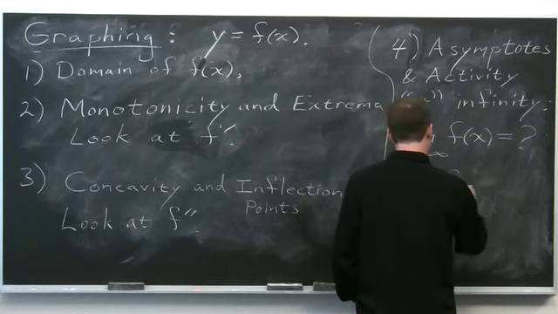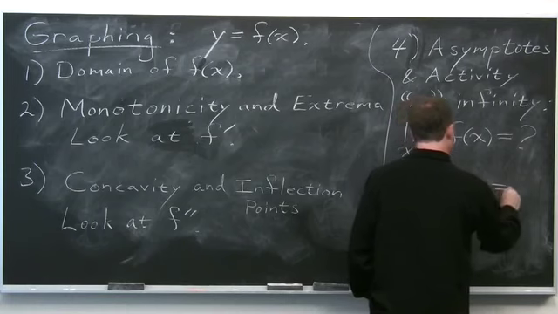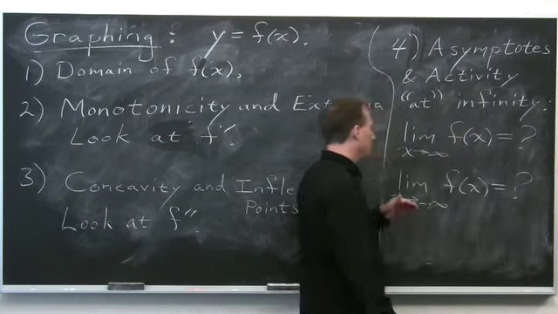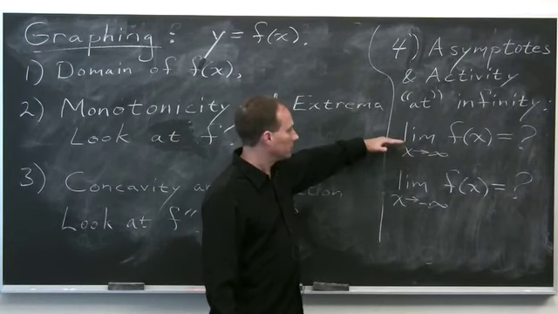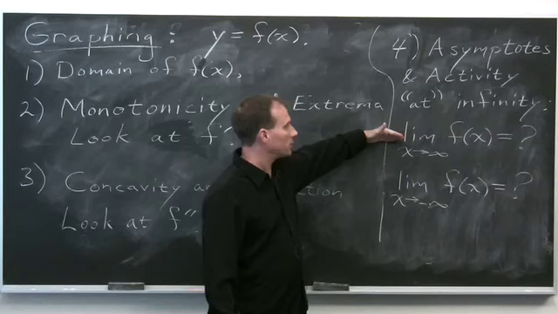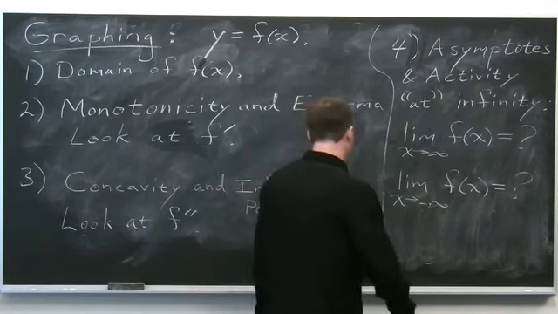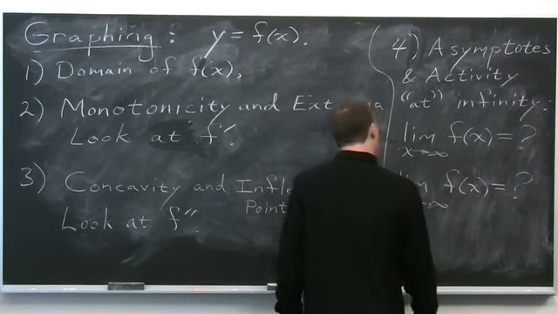So as x approaches negative infinity, we'd like to know what happens. If f of x approaches a finite number, like 2 or something, then you have a horizontal asymptote. You should have looked at these in high school.